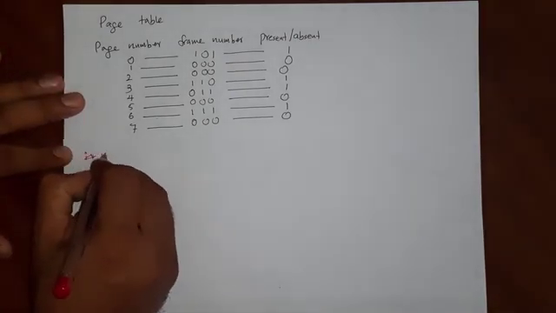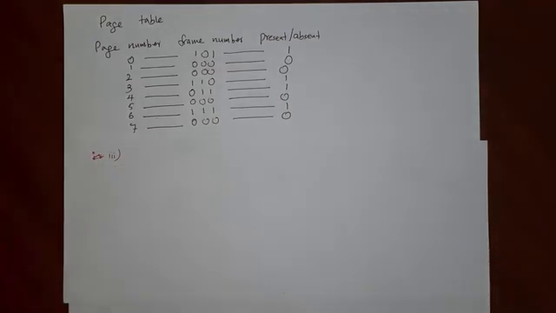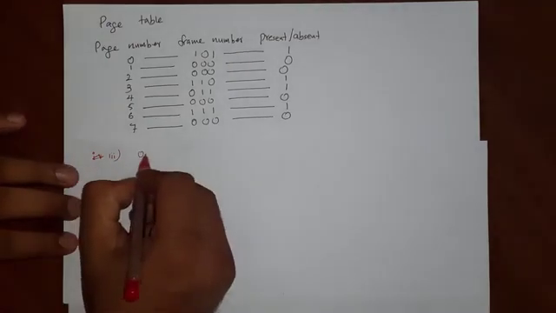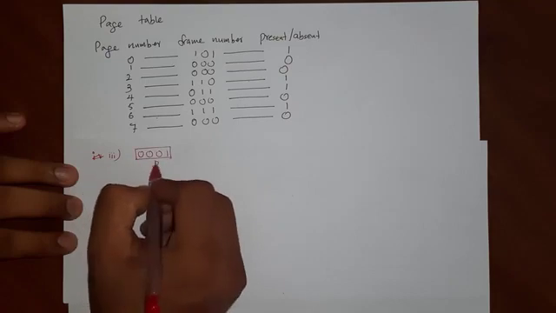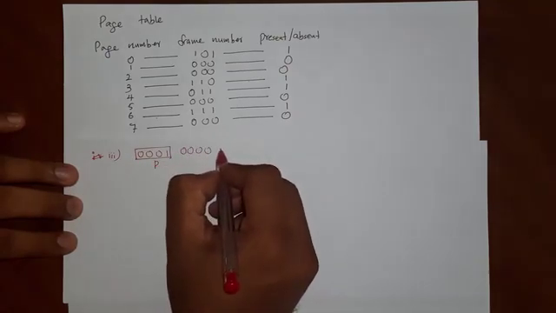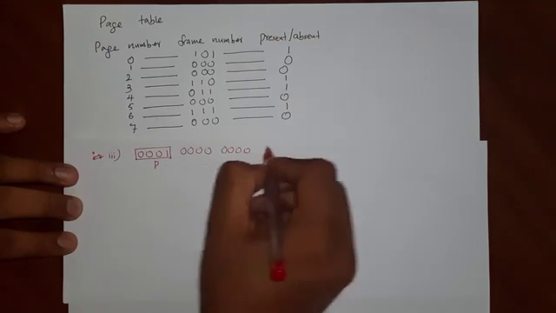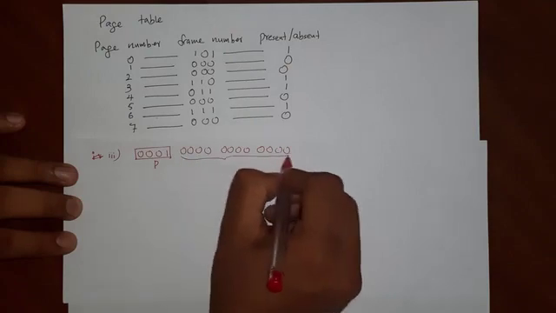The third question. The page 0001 page is requested. What is the offset?